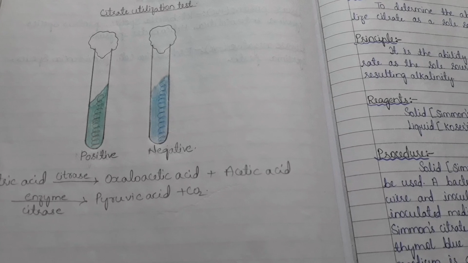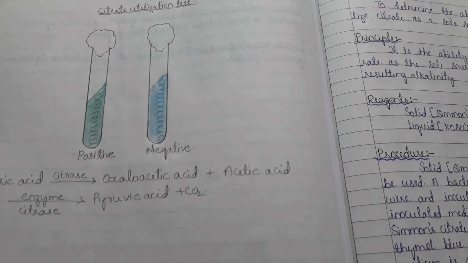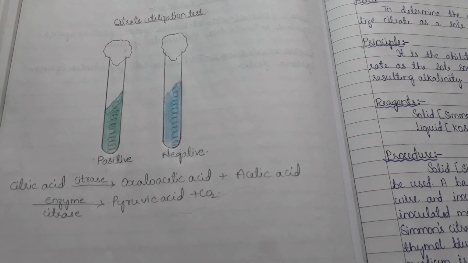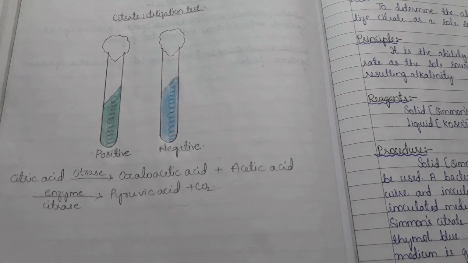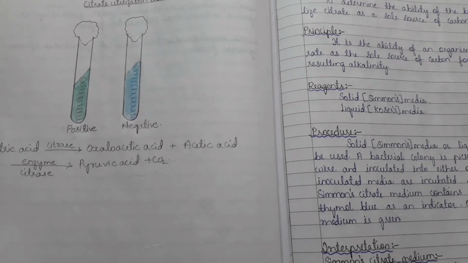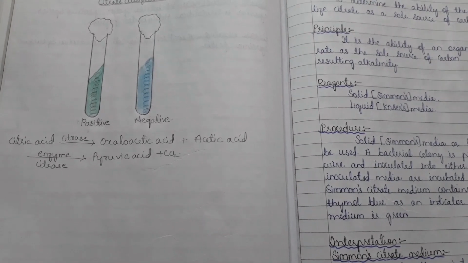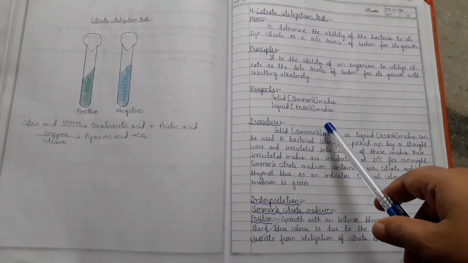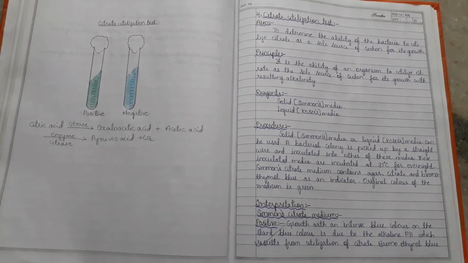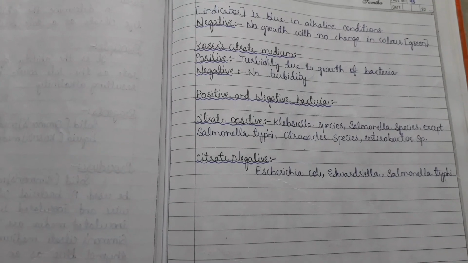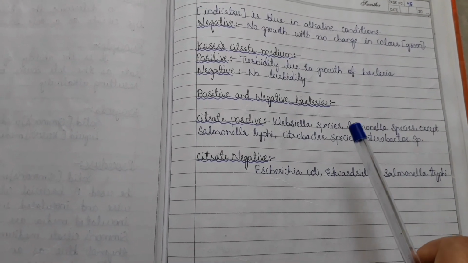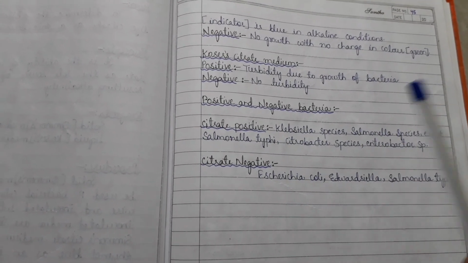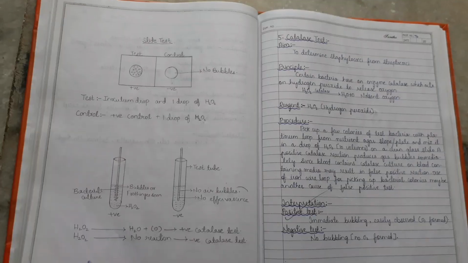Then the enzyme citrase converts it into pyruvic acid plus carbon dioxide. So this is the reaction that happens. So these are the reagents and procedure. This is the citrate positive bacteria, and citrate negative bacteria.